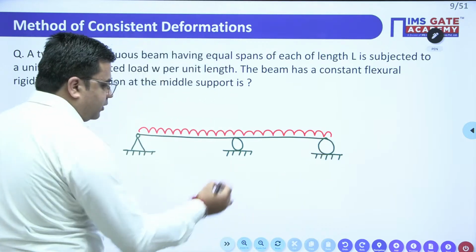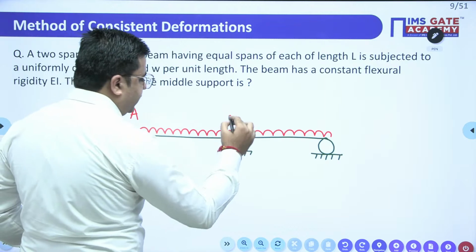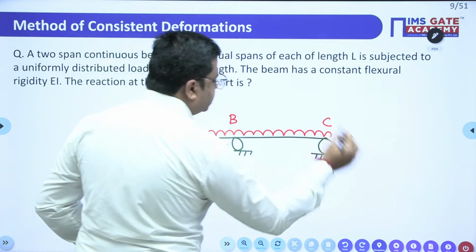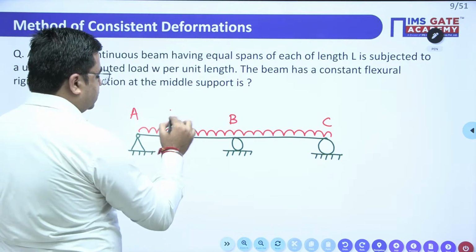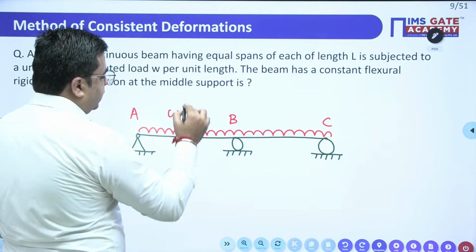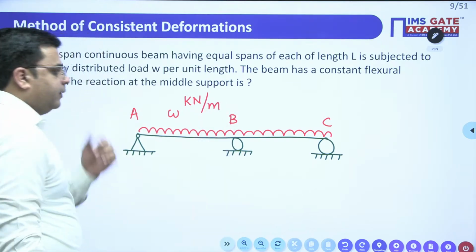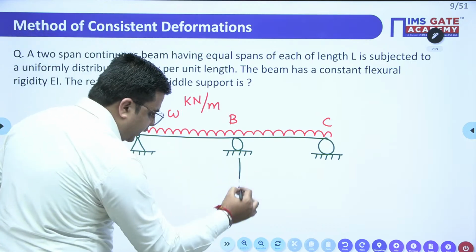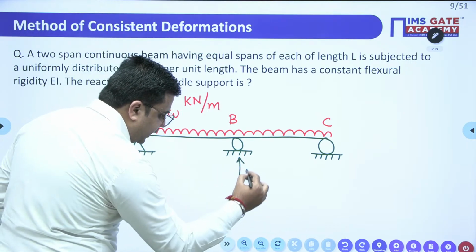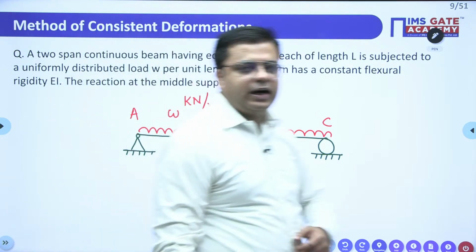This is my point A, this is my point B, and this is my point C. So the loading per unit length is W per unit length. So this is W kilonewton per meter. So this is my loading given. Now we need to calculate the support reaction RB, correct?